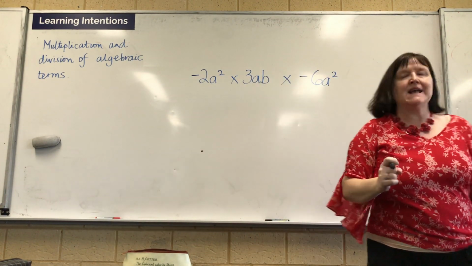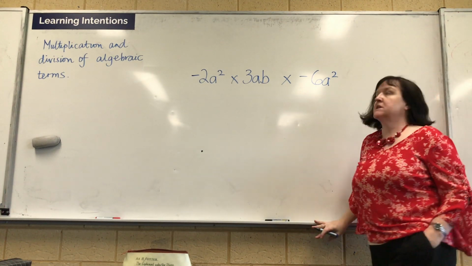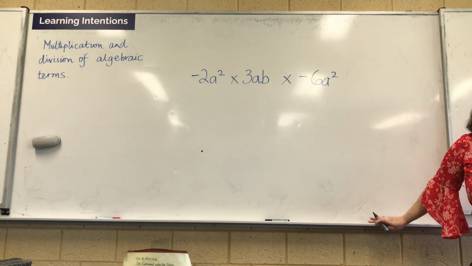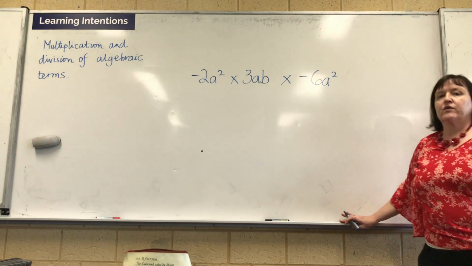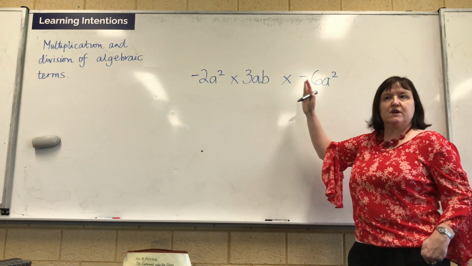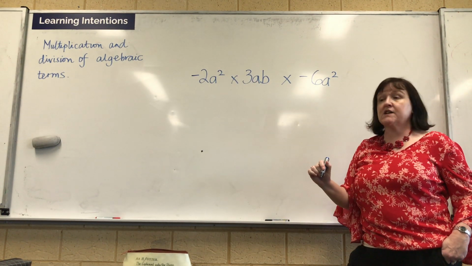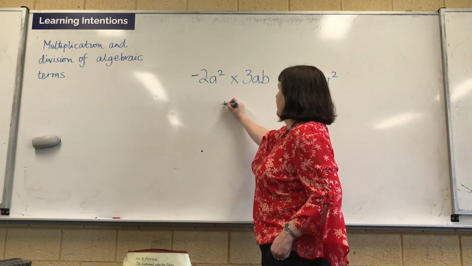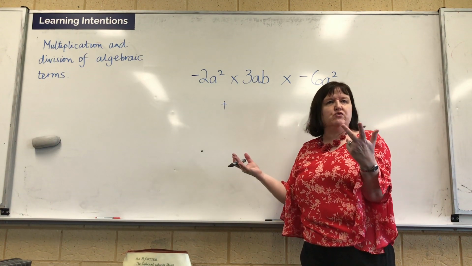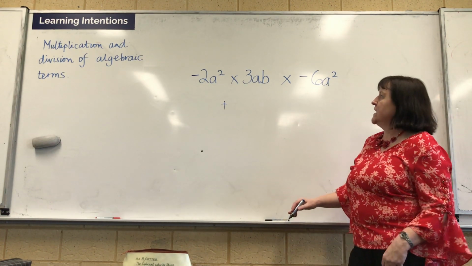So we've got negative 2a squared times 3ab times negative 6a squared. So symbol first, we've got a negative times a positive times a negative. So our answer is going to be positive, yeah. So we'll put the positive. Of course, you don't need to put the positive, but it just shows that you know that it is positive.